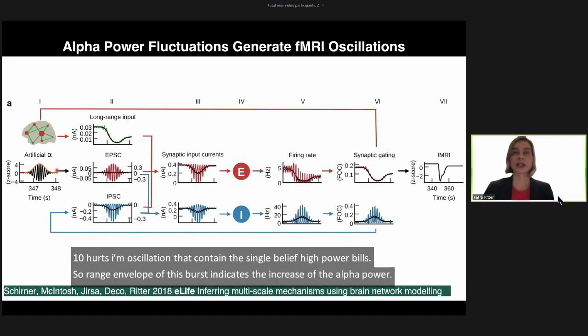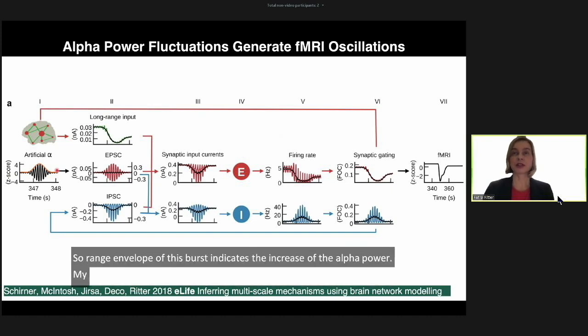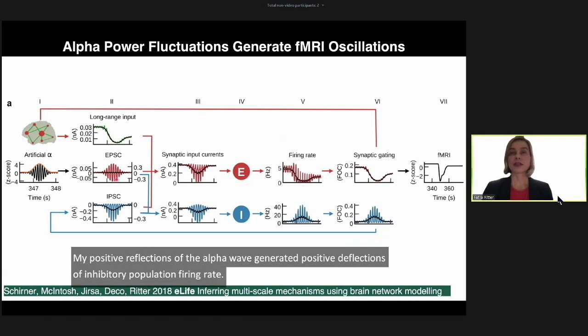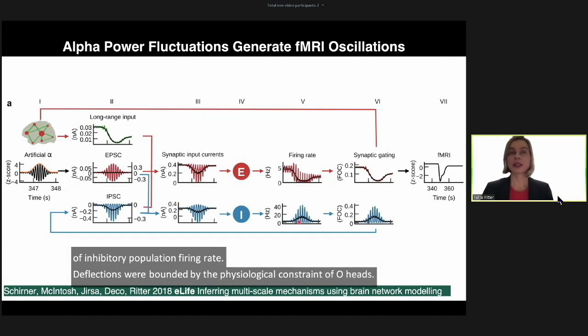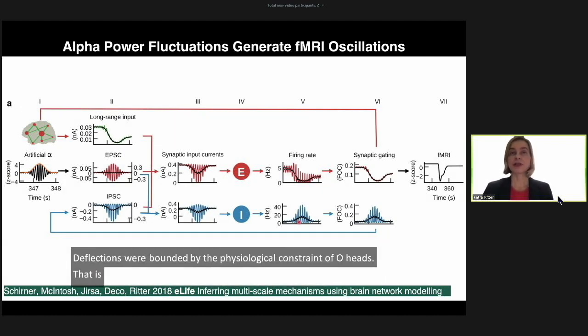While positive deflections of the alpha wave generated positive deflections of inhibitory population firing rates, negative deflections were bounded by the physiological constraint of 0 Hz. That is, inhibitory populations rectified input alpha oscillations such that only the positive half wave had an inhibitory downstream effect.